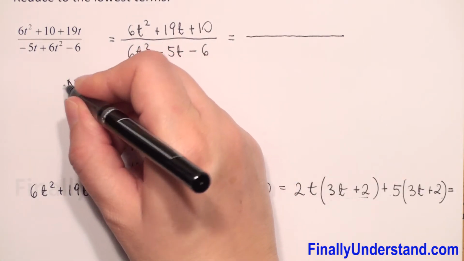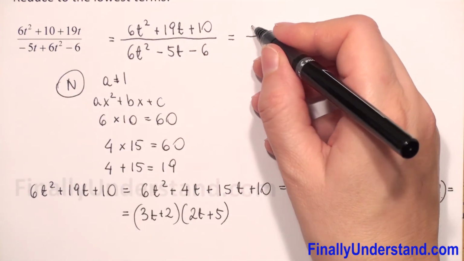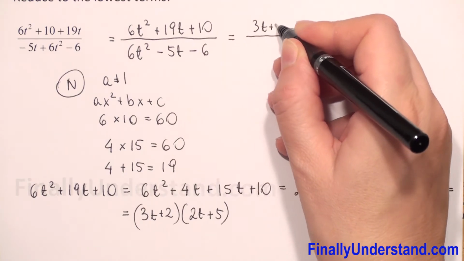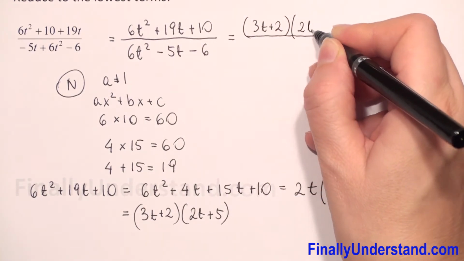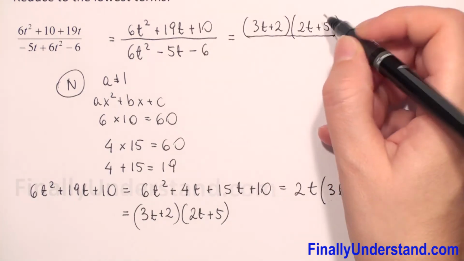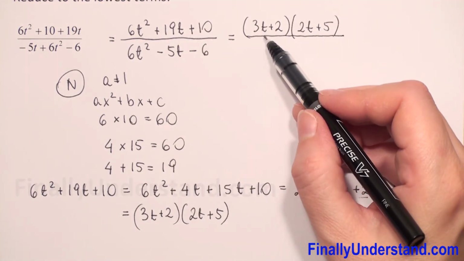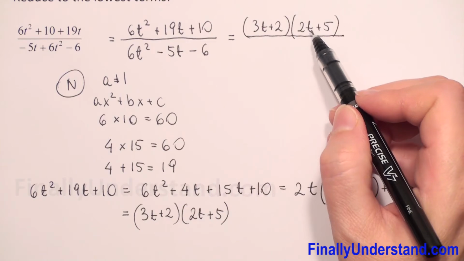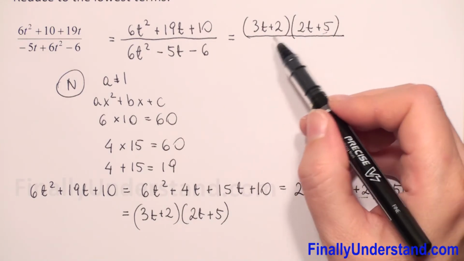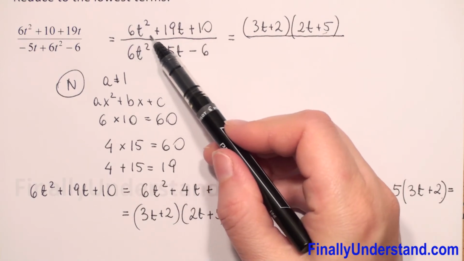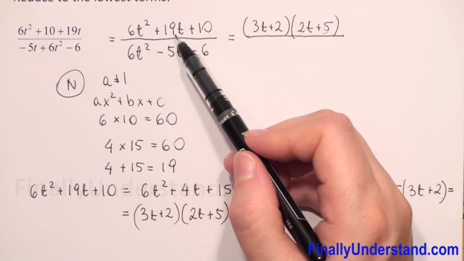This was our numerator. We have 3t plus 2 times 2t plus 5. If you multiply every expression in the first parenthesis by every expression in the second parenthesis and combine the like terms, you will get exactly what we had at the beginning.